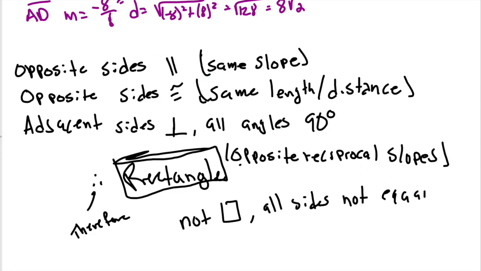Okay, that's a fair claim. And you've shown that. I would say the burden of proof is less on you when it's a not, and after you've already established what is. It's not a rhombus for the same reason. All sides would have to be equal to be a rhombus.